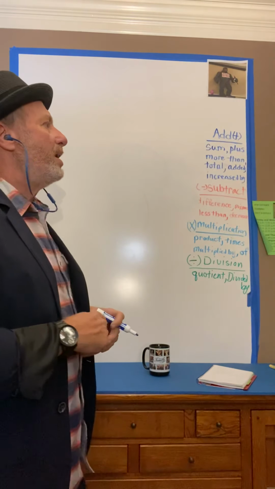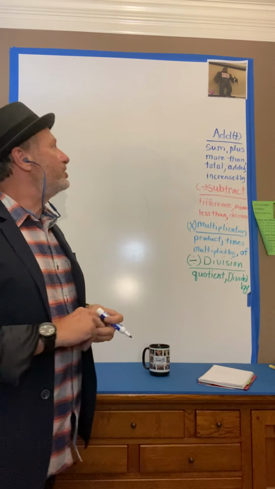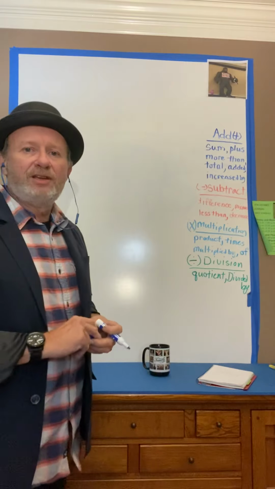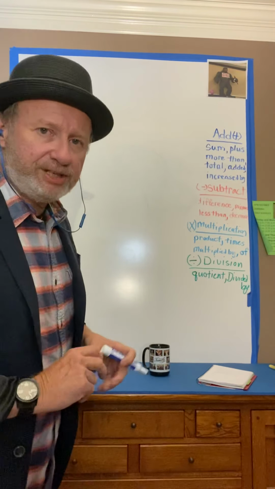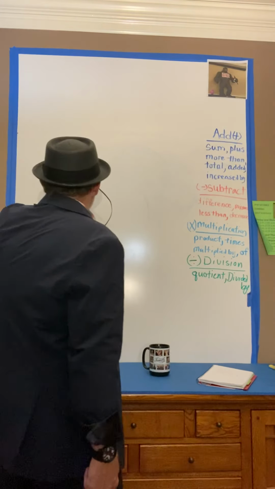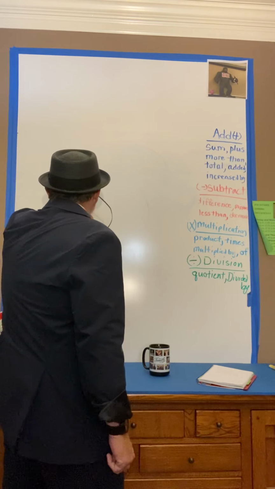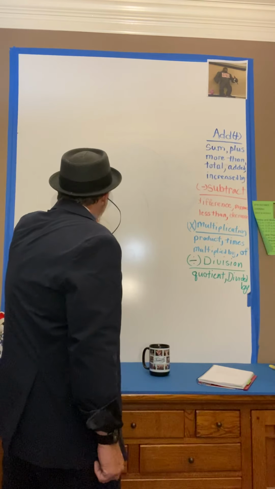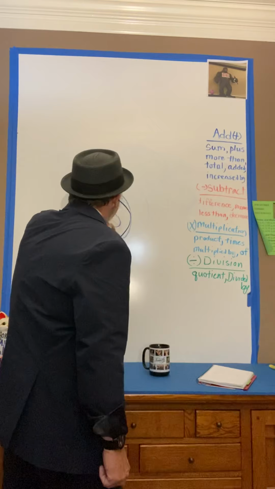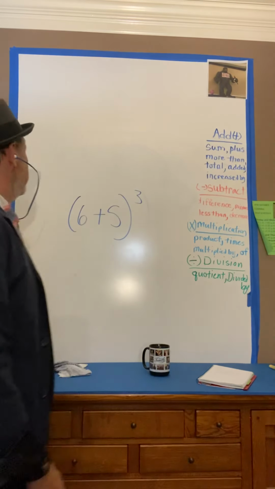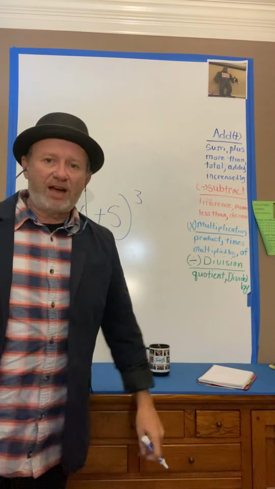The cube of 6 increased by 5. Well, the cube of 6 increased by 5 would be 6 plus 5, and I'm going to cube it. All right? 6 plus 5, cubed.